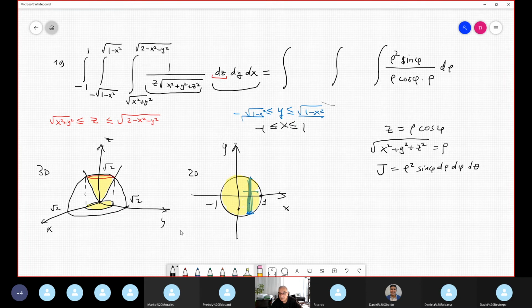D rho, d phi, d theta. Wow. How many rho is cancelled? Everything is cancelled because we have rho squared, and rho squared. And we have here together sine divided by cosine, que es tangent. So my new integral function is tangent phi. Okay, super.